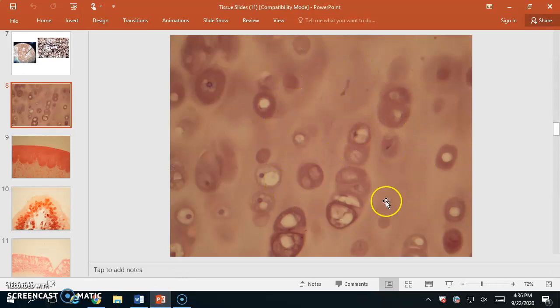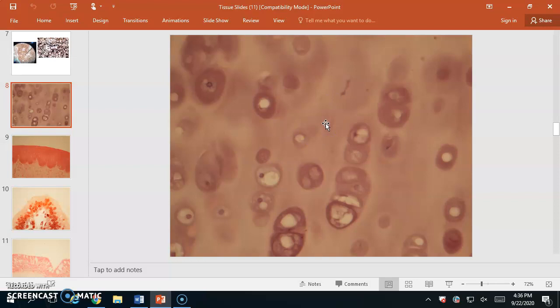If you remember, in the lab portion we had you identify hyaline cartilage underneath the microscope, in this case through a slide, a picture of the hyaline cartilage. You can see the nuclei, those little dark purple areas. Those are the nuclei of the cells, and you can actually see the cells too, with a little area around them. Because we're looking at hyaline cartilage, we call those cells chondroblasts and chondrocytes.